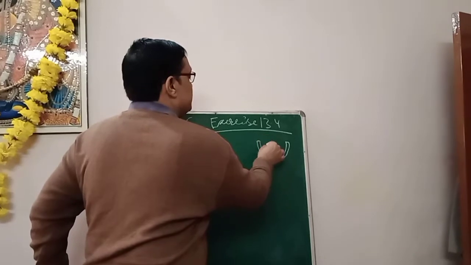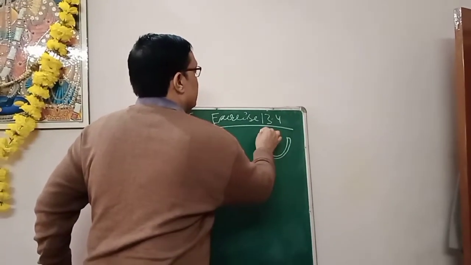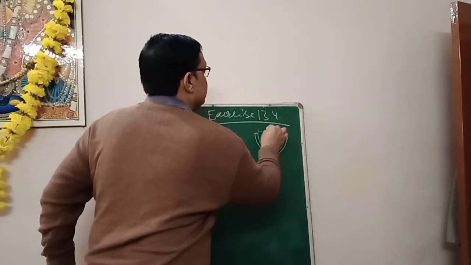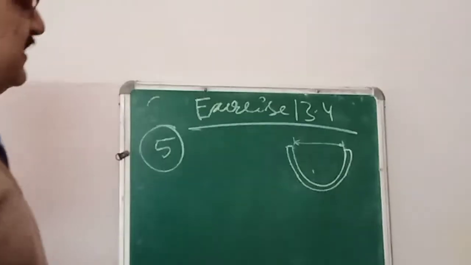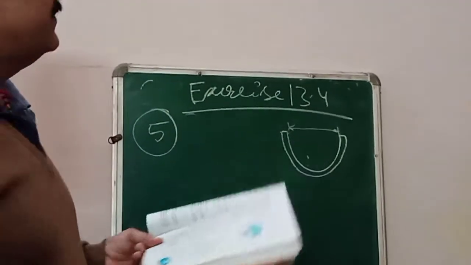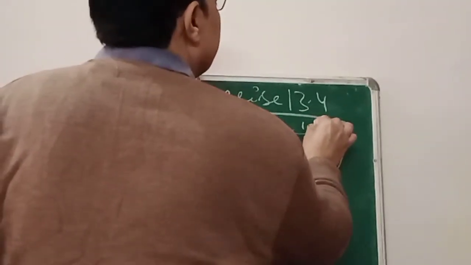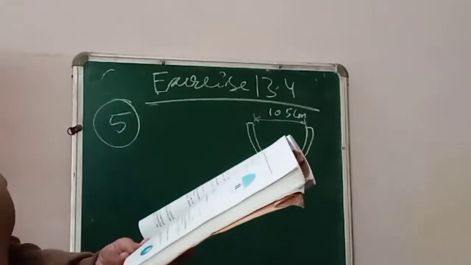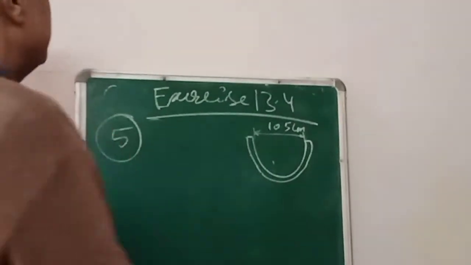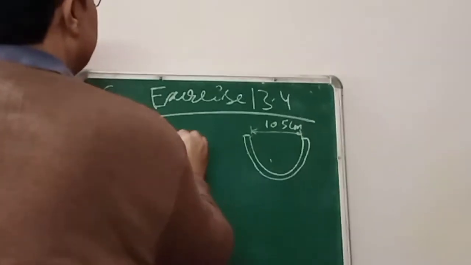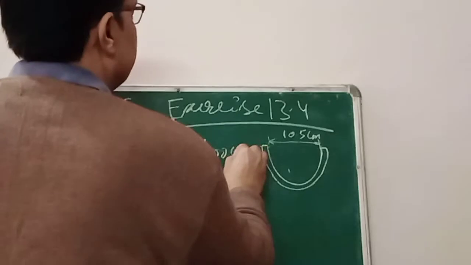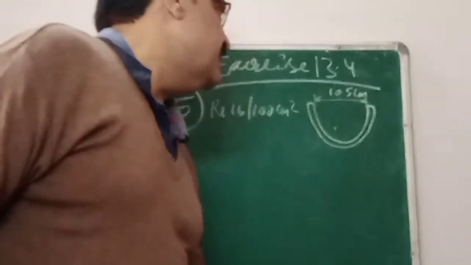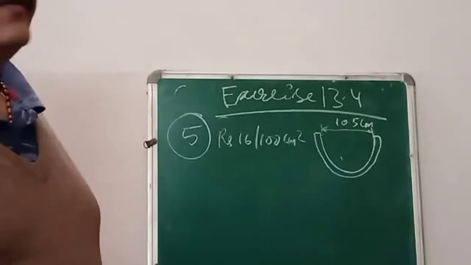This inside portion we need to tin plate, and this inside diameter is given as 10.5 cm. The cost of painting is rupees 16 per 100 cm square, and we need to find out the cost of tin plating it from inside.